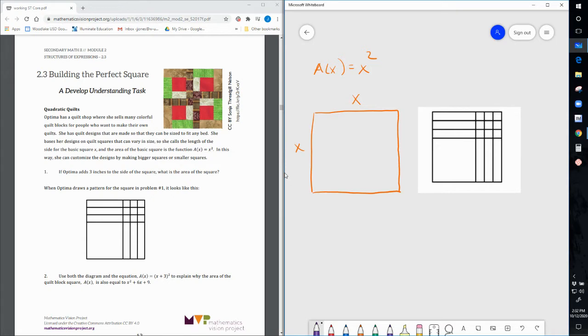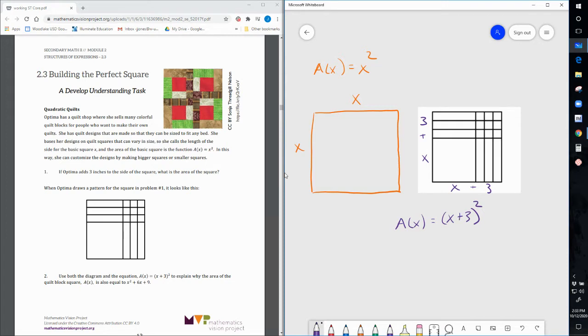The original block was x by x, and then we added 3, and we added 3, and now we need to figure out what the new area is going to be. Well, one of the areas should just be our side length squared. So one of the areas is x minus 3 squared, because that's the side length squared.